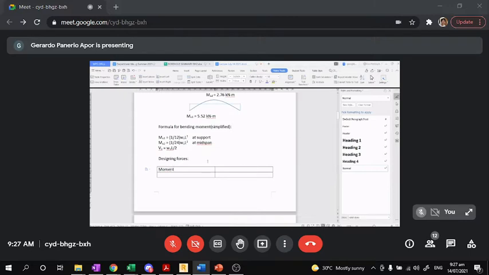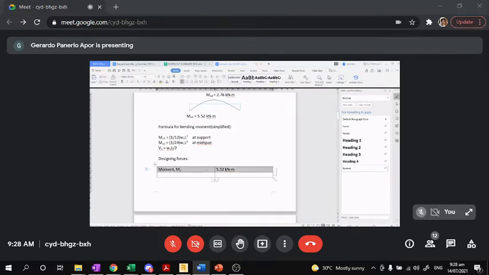For moment, we have 2, but I will use the 5.52 kilonewton meter. This is what we call the MU. Okay, MU. That's it.